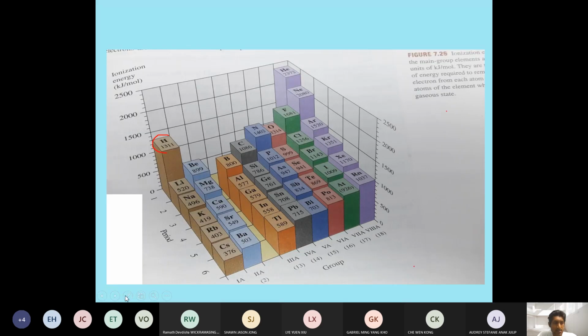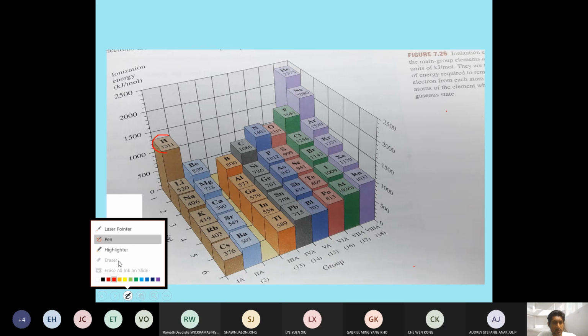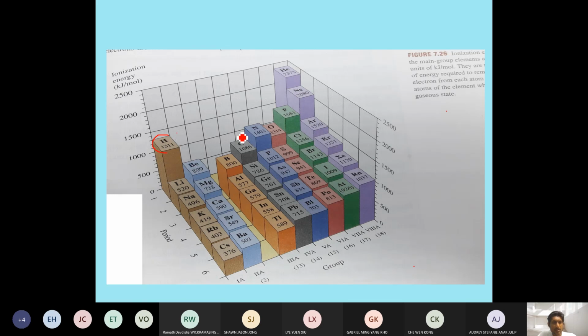Okay, ionization energy. All right. Ionization energy is just the opposite of electronegativity. Electronegativity is the attraction each atom has to pull an electron towards itself.